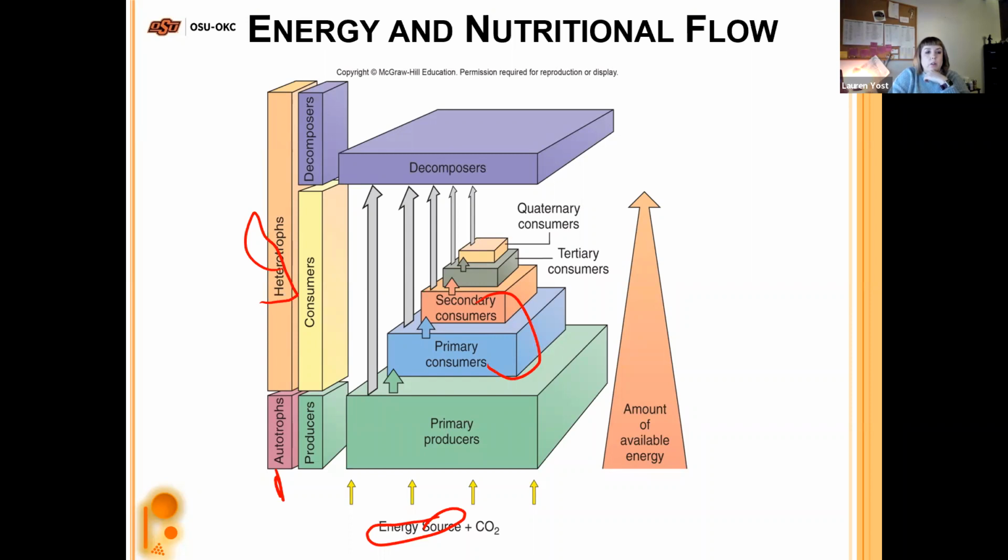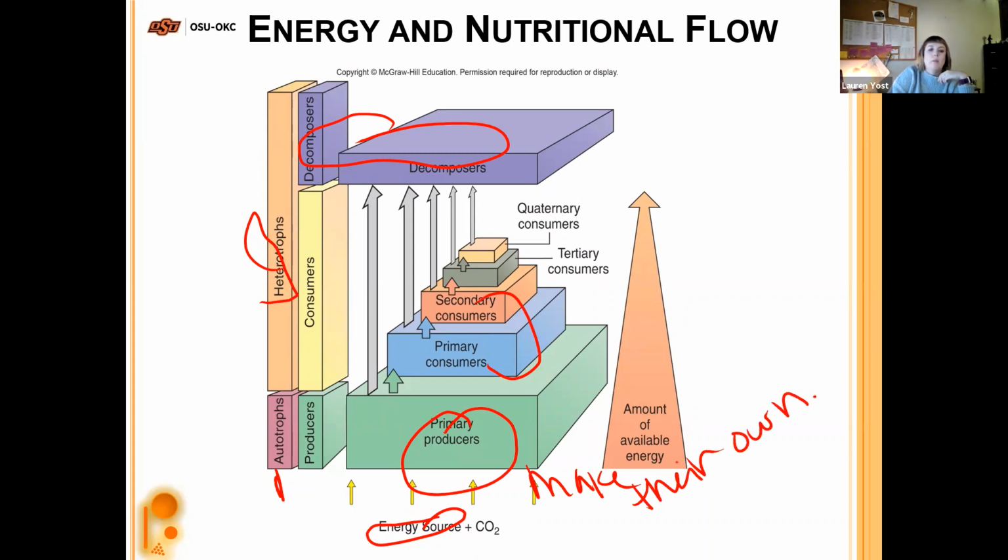And we also consider decomposers to be heterotrophs because they're breaking down a whole bunch of other stuff that came from other organisms that built those things, okay? The primary producers down here, these are the ones that make their own food, their own carbon source, their own energy source, whatever, but they get it all for themselves, right?